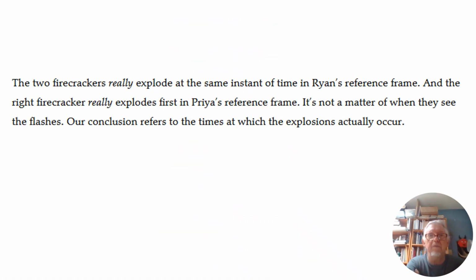So again, in one reference frame, events occurred simultaneously, and in another reference frame, they did not. One firecracker went off and then another. And that's the only way that the detector, which is just a detector, can report the same thing.